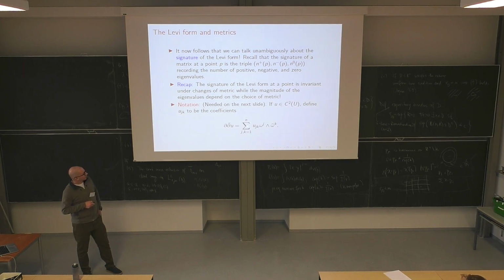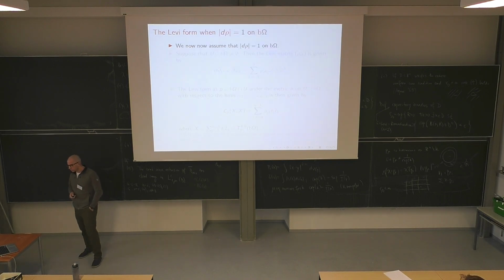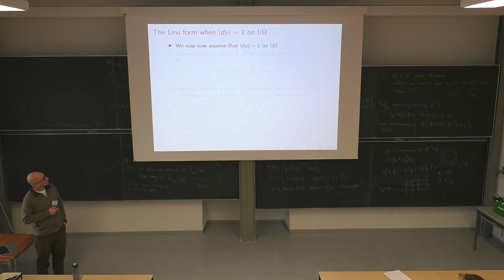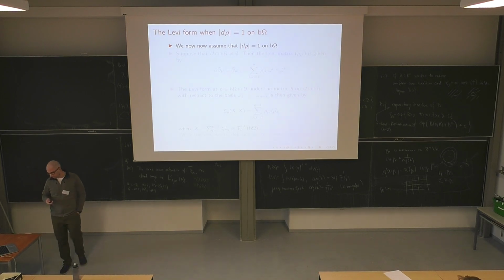So if I have the omegas as defined earlier, and I have ∂∂̄u, I can write the u_{jk}'s, defined to make this formula true. We now assume, in addition, that the gradient of the defining function is 1 on the boundary.